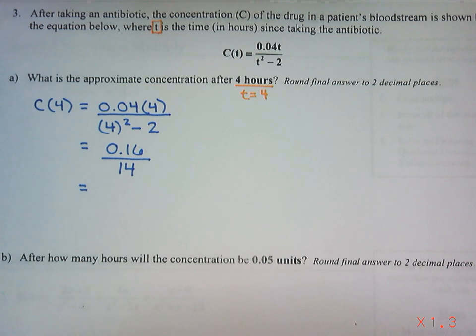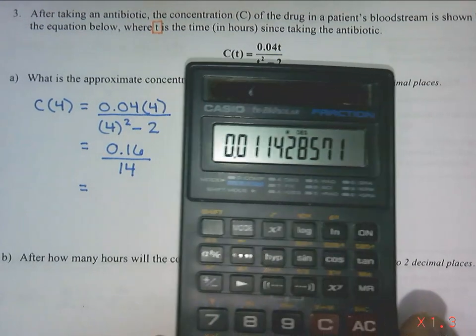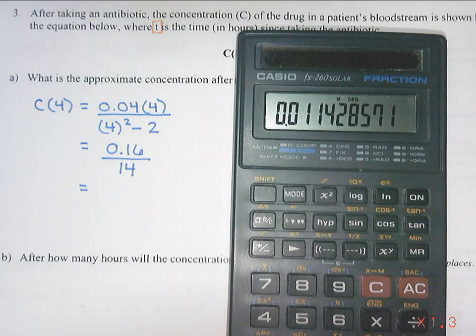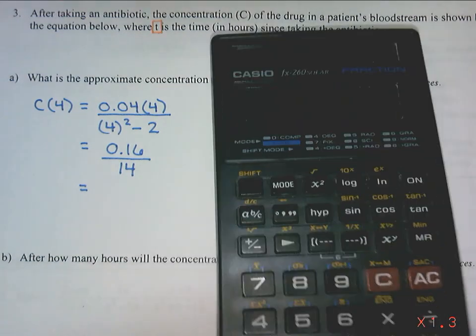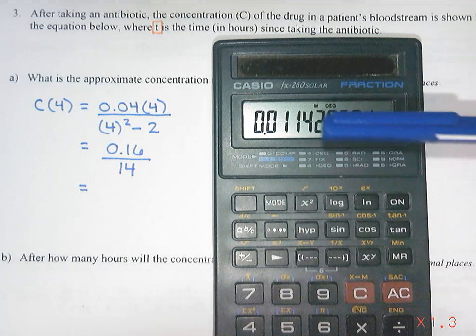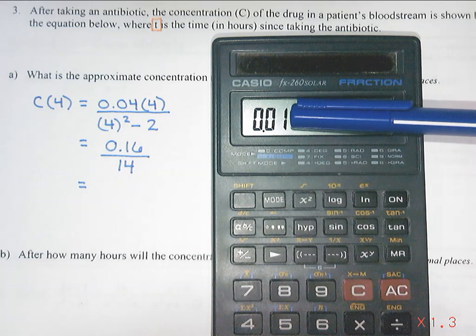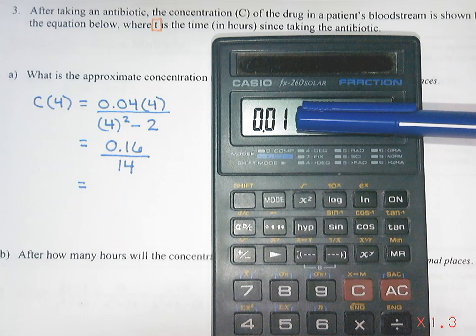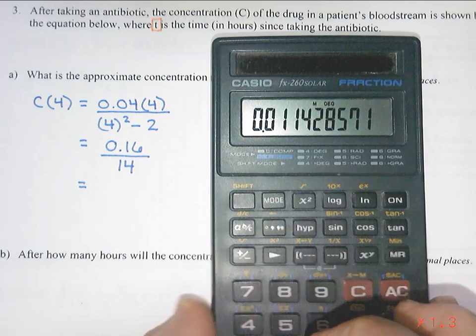And I got this delightful decimal here. So it asks in the question for us to round to 2 decimal places. So I would keep the 0, 1, take a peek at that next number. It's a 1, so we are going to round down. So we're going to leave it as 0.01.